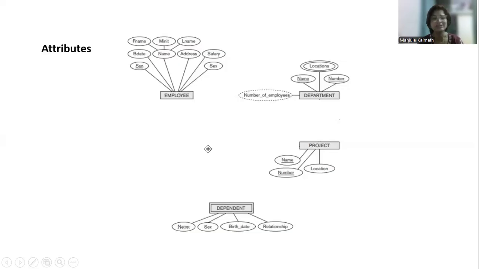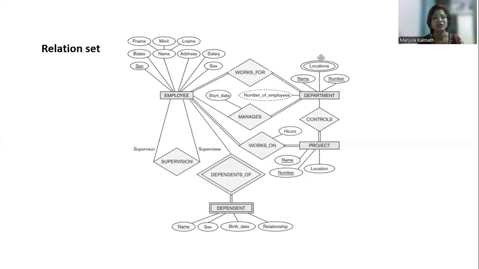Now here we can exhibit the relationship between these entities. Here we have different types of relations we can notice. A relation is represented with the rhombus here. In this we can notice two lines as well as single line relations. Now in this we have a two line relation.